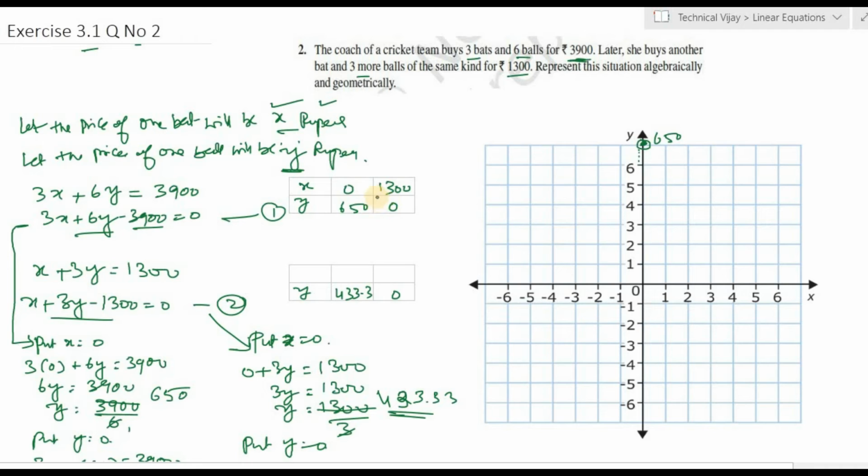So next x is equal to 1300, so we will take it as 1300 here. So now we will join these two points. Okay, so this is a line. Okay, now we will represent this one, this is 0, this is 1300.